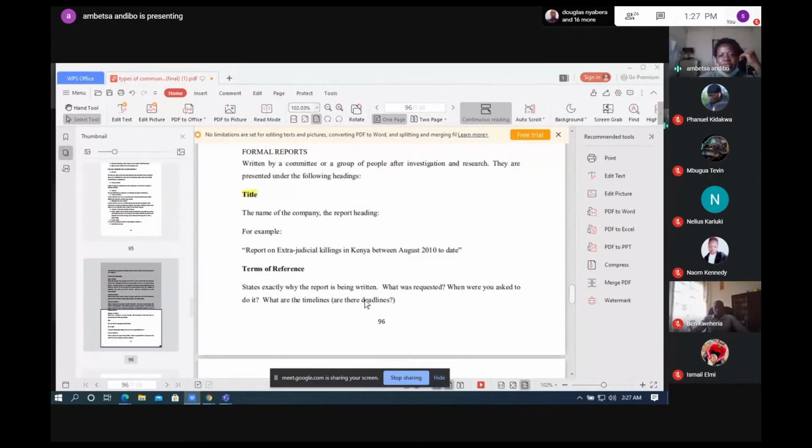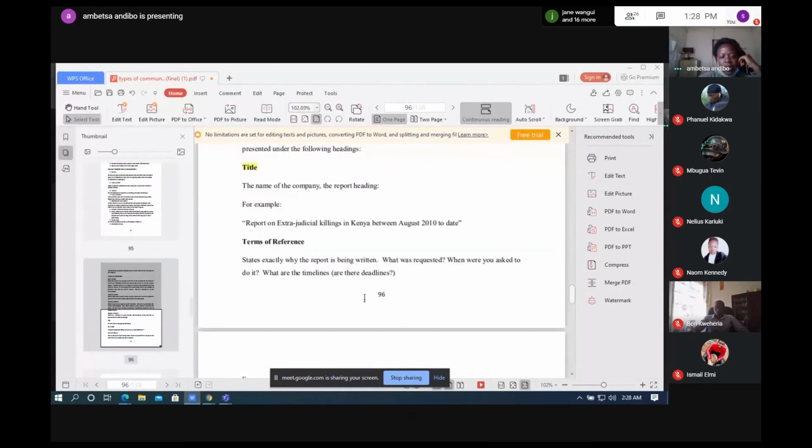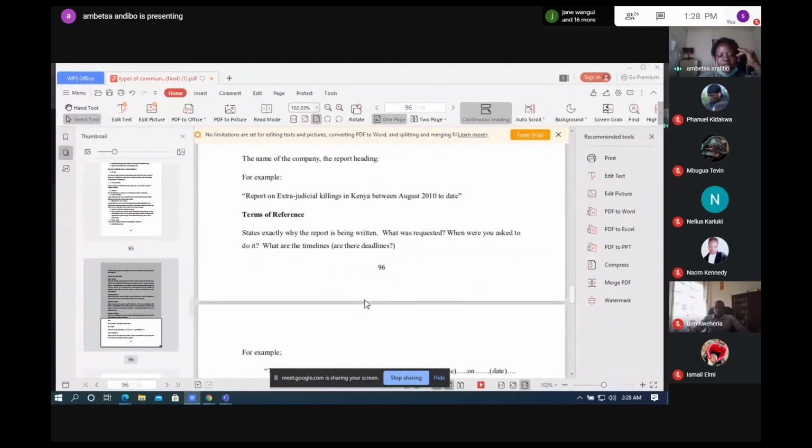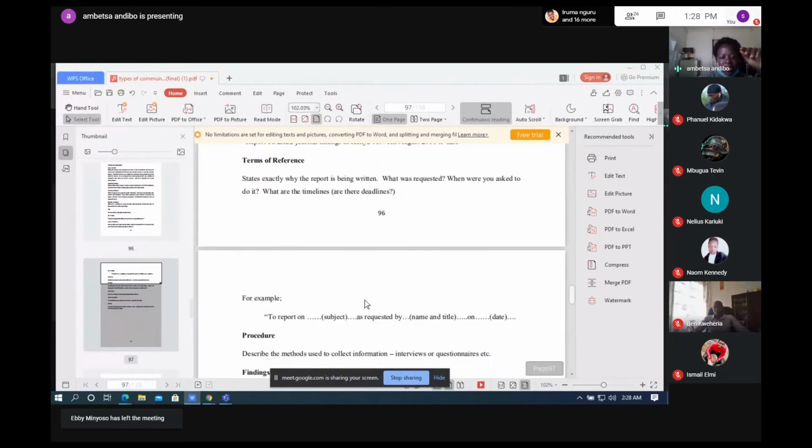Then we have terms of reference. The terms of reference give reasons why the report is being written. So what was requested? When were the people who are writing the report asked to do it? And if there are deadlines to be met.